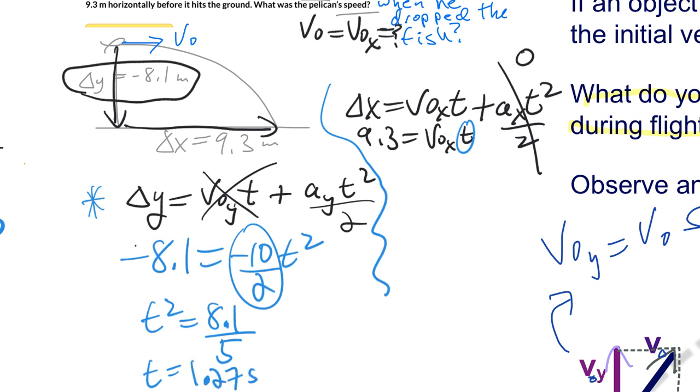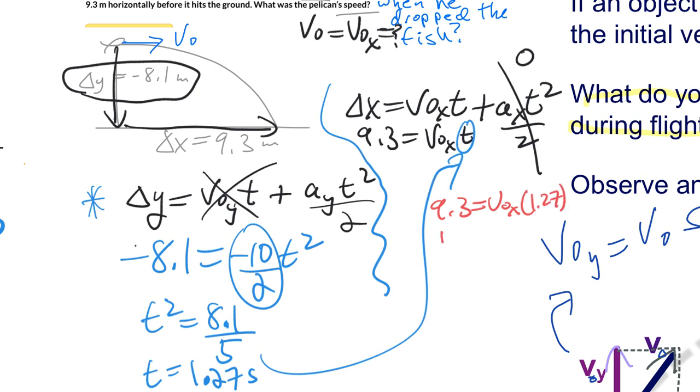Now that I got that, I'll plug it in there. So I get 9.3 equals VOX times 1.27. VOX equals 9.3 divided by 1.27. I get 7.32 meters per second.